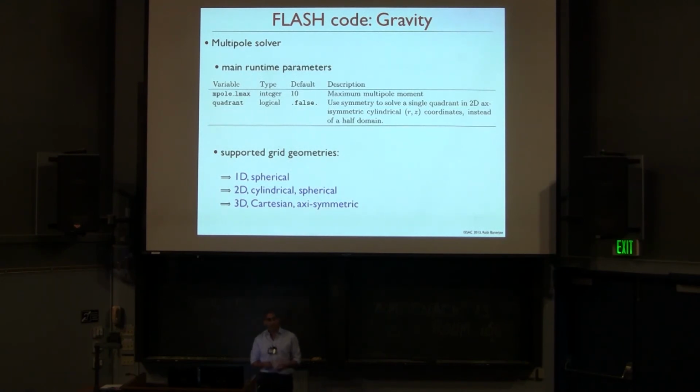Whereas in 2D spherical, you essentially multiply your radial distance with a cosine of the z coordinate. So it's a spherical radius you're using in 2D. It's just a transform of coordinates here.